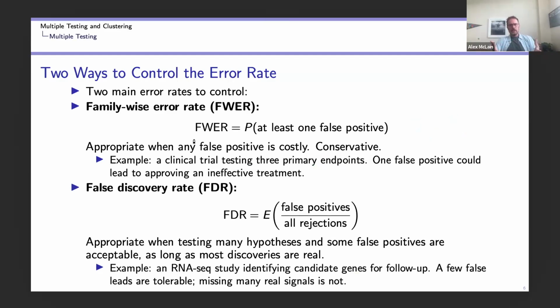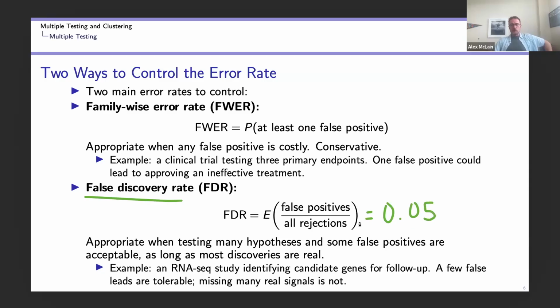The other common error rate, these aren't the only two, but they are the two most common, is the false discovery rate. Commonly we're going to control this similar to before, at 0.05.